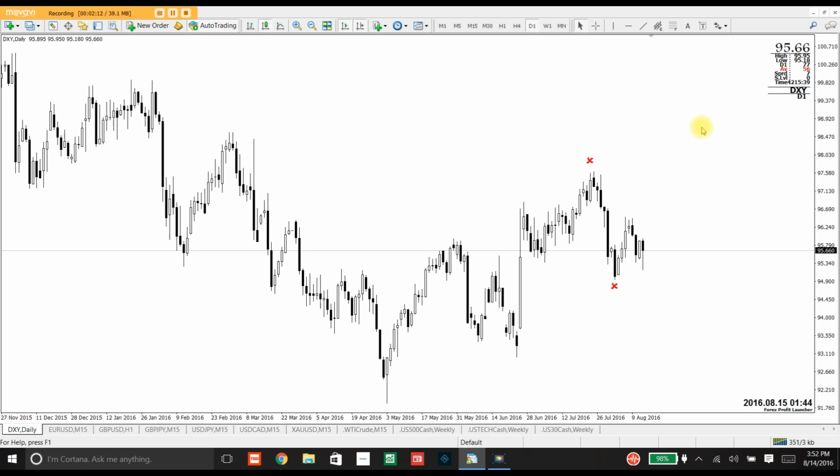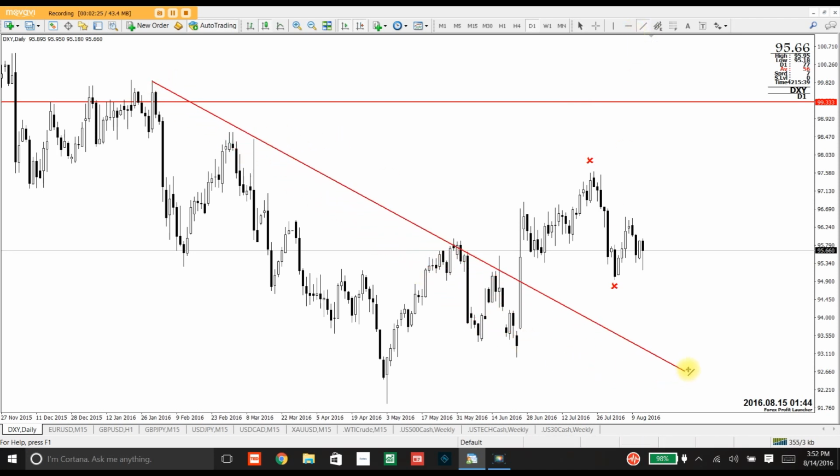As a price action trader, I personally only deal with horizontal lines of support and resistance. You will never see on my chart a diagonal trend line, and that's because of simple price action. Horizontal lines of support and resistance, as you can see here, are 110% correlated with price, and I'm a price action trader.